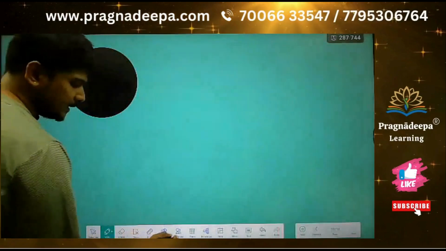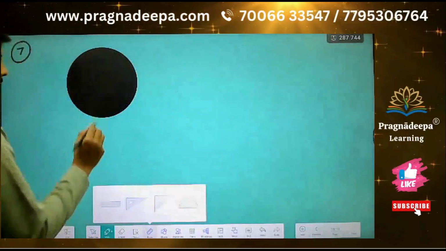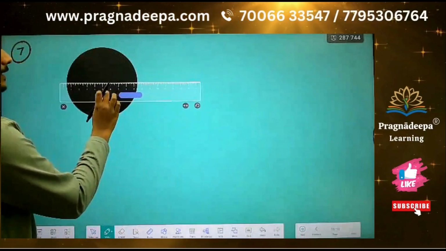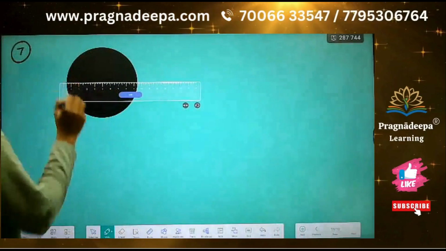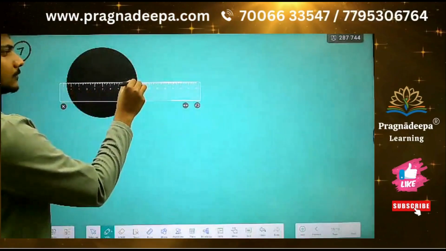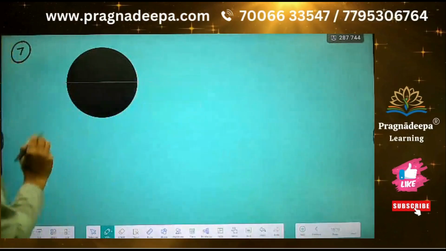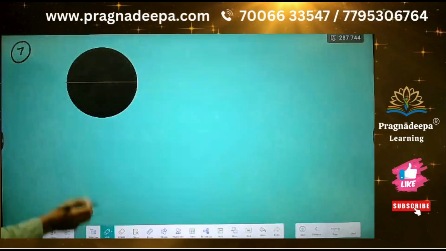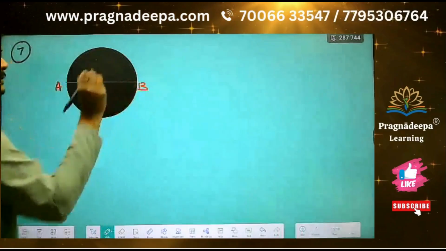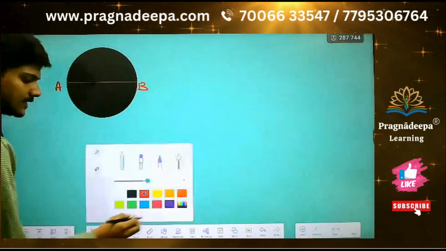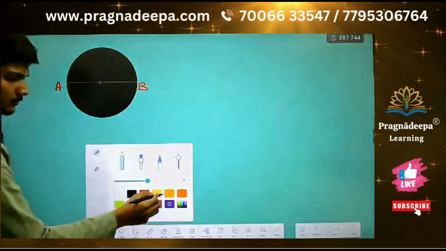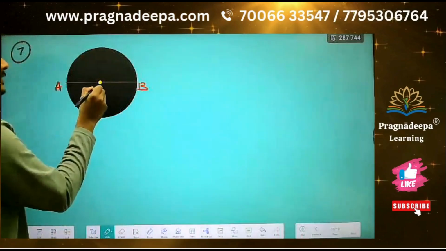You have a diameter AB. So we call it AB. AB is the diameter of the circle, and O is the center of the circle.